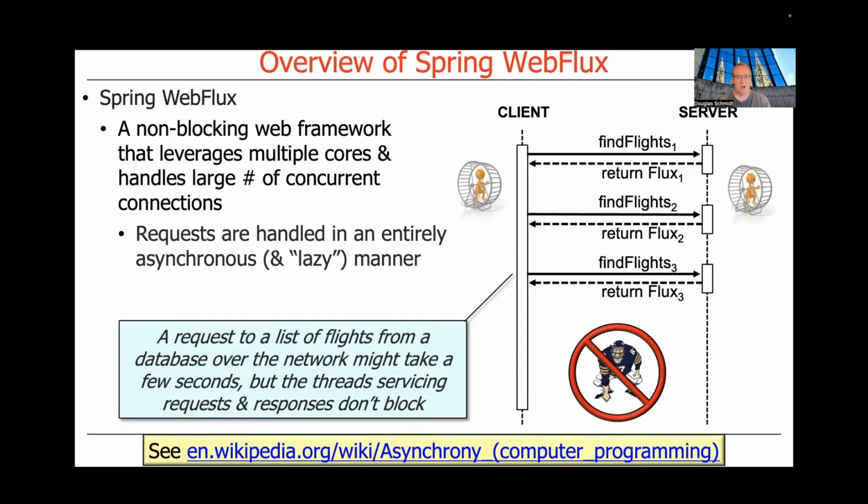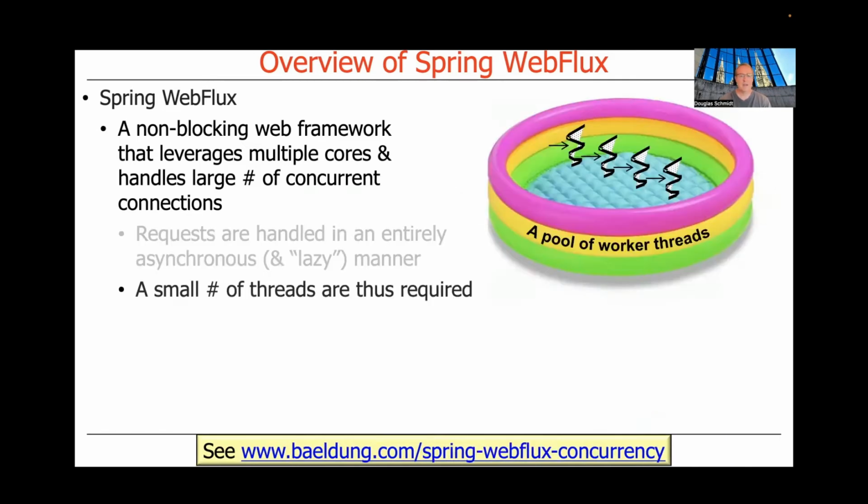You can have a much smaller pool of threads, and they can work on the various operations in an asynchronous manner. One of the benefits, especially when we start comparing and contrasting WebFlux with Web MVC, is you need a much smaller number of threads. And that has all kinds of good benefits, especially on modern multi-core processors.